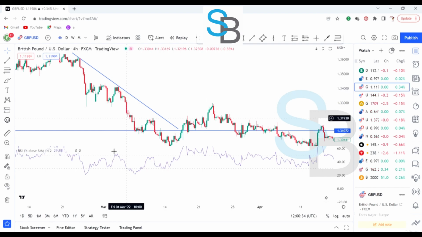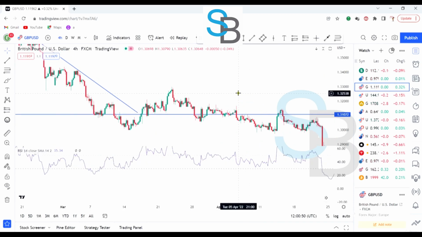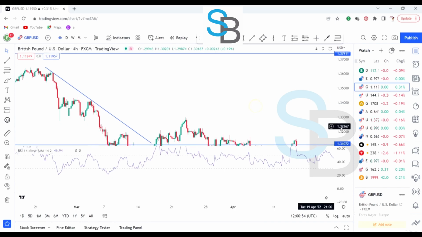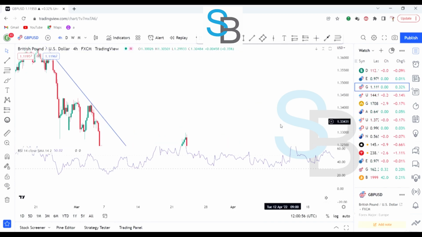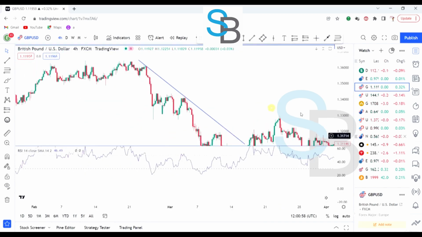As it's at the overbought region, you see that it continued selling with the trend. After coming here, it retraced and went towards the overbought region and then continued selling again before it came and broke. So that's one way to trade with the relative strength index, RSI.